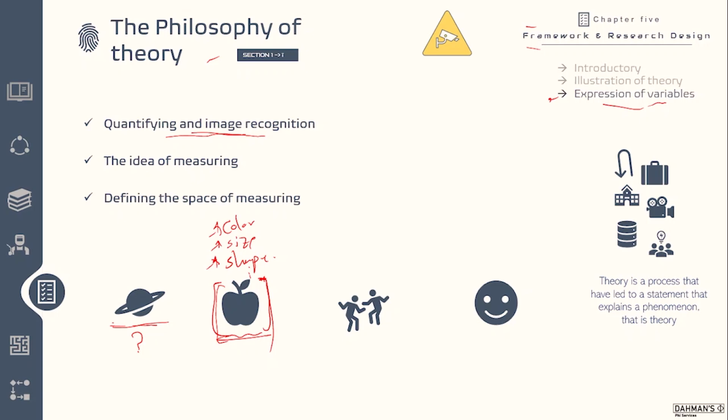I might use only these two variables to define this apple, but you might use these three variables to define the same apple. But we are looking at the same apple since we know.